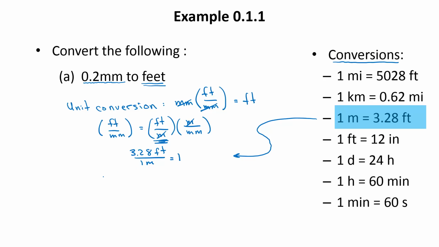Now meters per millimeter, if 1,000 millimeters is equal to 1 meter, then dividing both sides by 1,000 millimeters, I get 1 meter over 1,000 millimeters is equal to 1. The goal is that I want to multiply my given number with its units by 1 with no units.